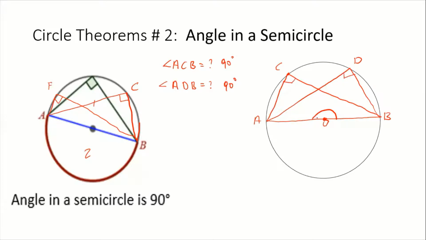And remember, we say that once the angle at the center is subtended by the same arc as the one at the circumference, then the one at the circumference is going to be half the one at the center. And we can say vice versa: the one at the center is twice the one at the circumference. So since we know that the one at the center here is 180, then the one at the circumference has to be 90 there. All right.